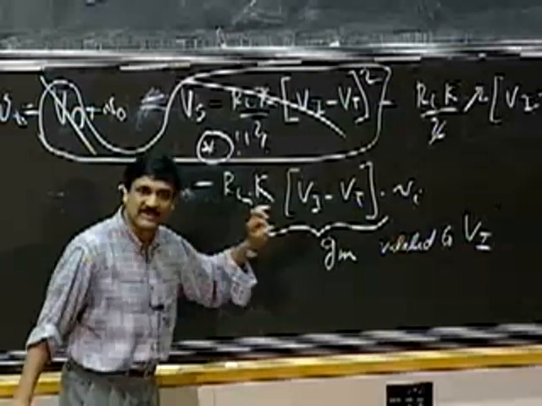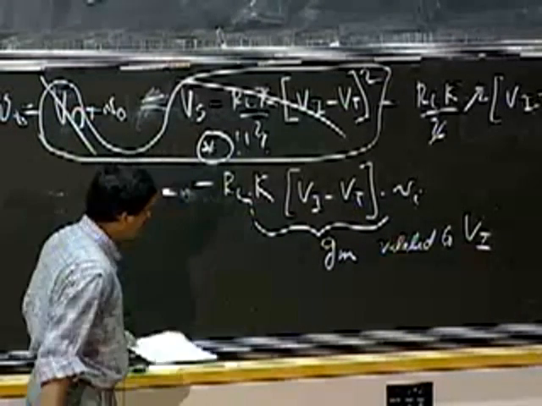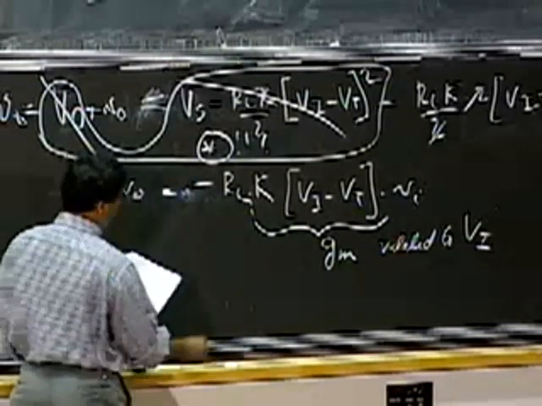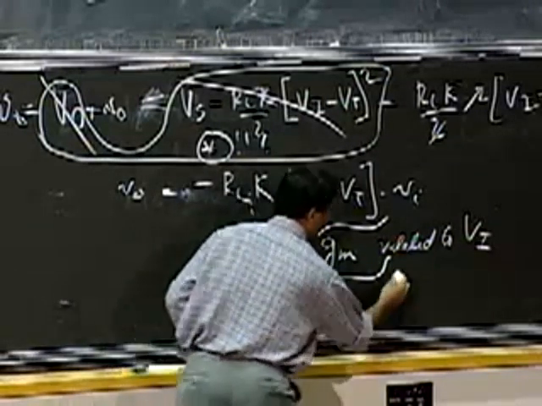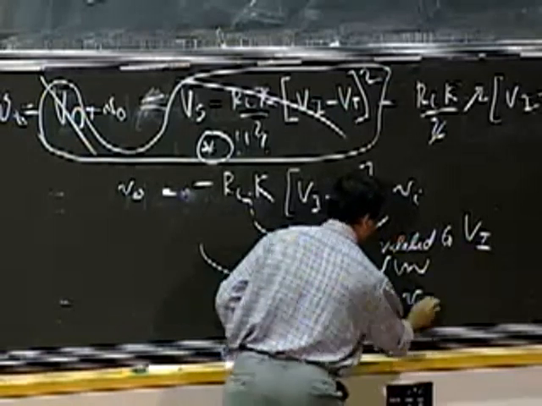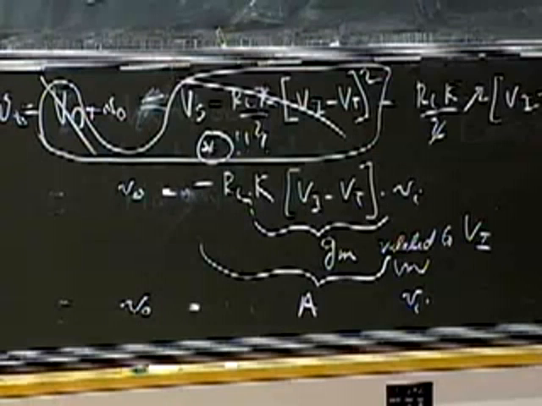It's a constant for a given bias point voltage. So I'm going to call that GM. And then I'm going to call this whole thing A. And of course, this is vi. There you go. I have my linear amplifier.